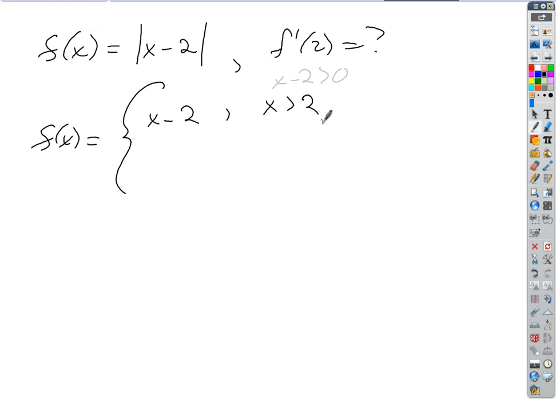X is greater than 2. So on that domain, the absolute value of x minus 2 just has the behavior of plain old x minus 2. It's equal to negative x minus 2 whenever x minus 2 is negative. So when x is less than 2, everybody agree?